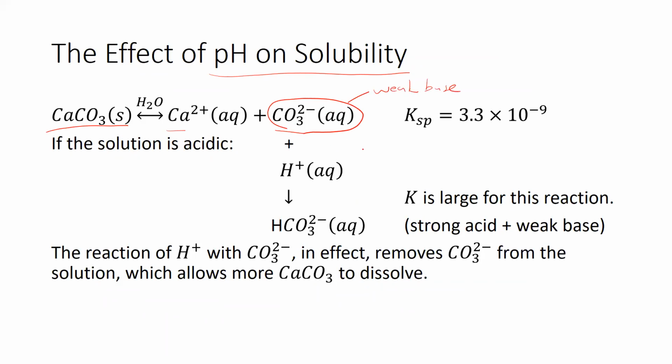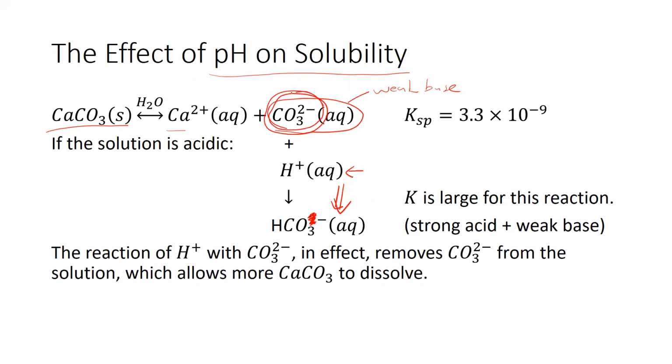So if you add an acid to this, if you add H+, it forms bicarbonate. Oop, that should be -1. Right, so it forms the bicarbonate ion. And so when you think about it, if you add a strong acid to this, it is pulling that reaction down toward the bicarbonate, which means you're removing carbonate from this equilibrium, right?